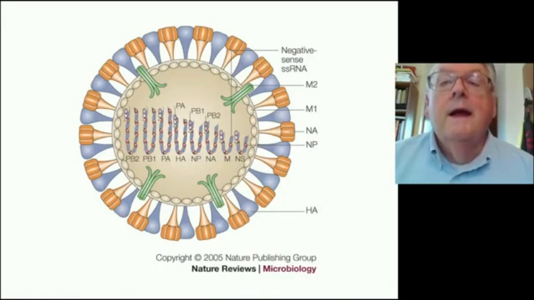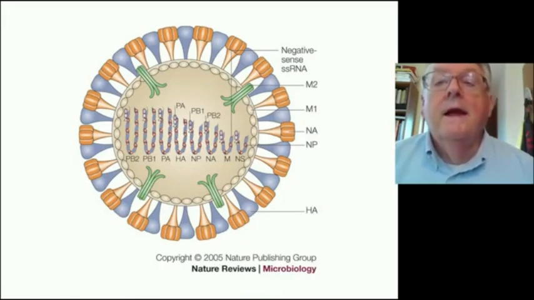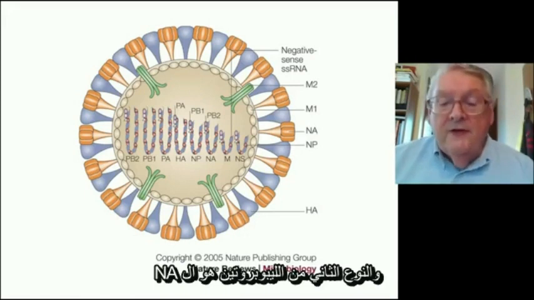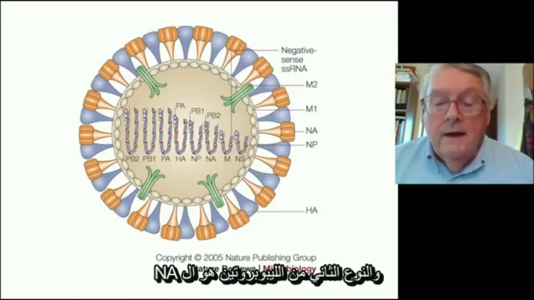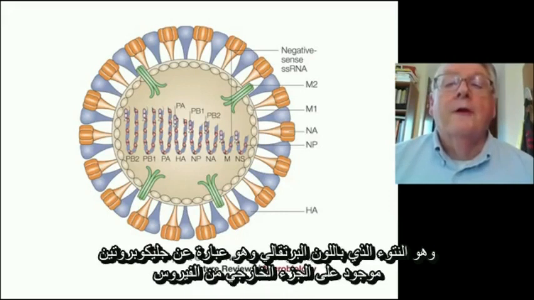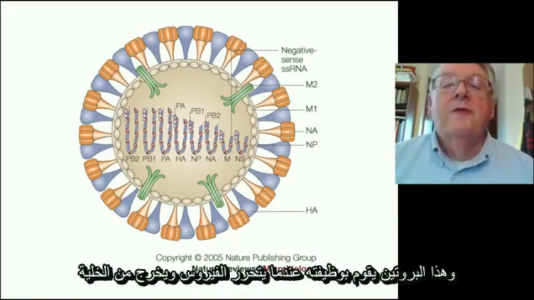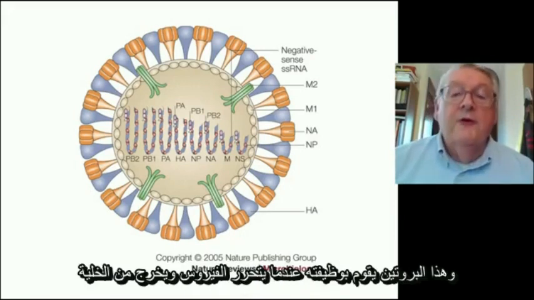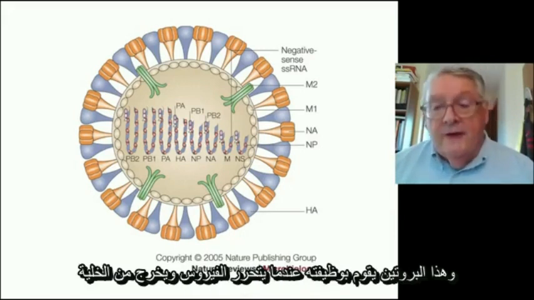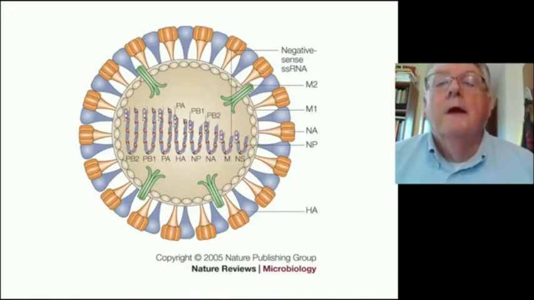The NA is the neuraminidase. This is a tetramer. This is the orange colored glycoprotein on the outside of the virus particle. And this protein actually functions as the virus is released from the cell.